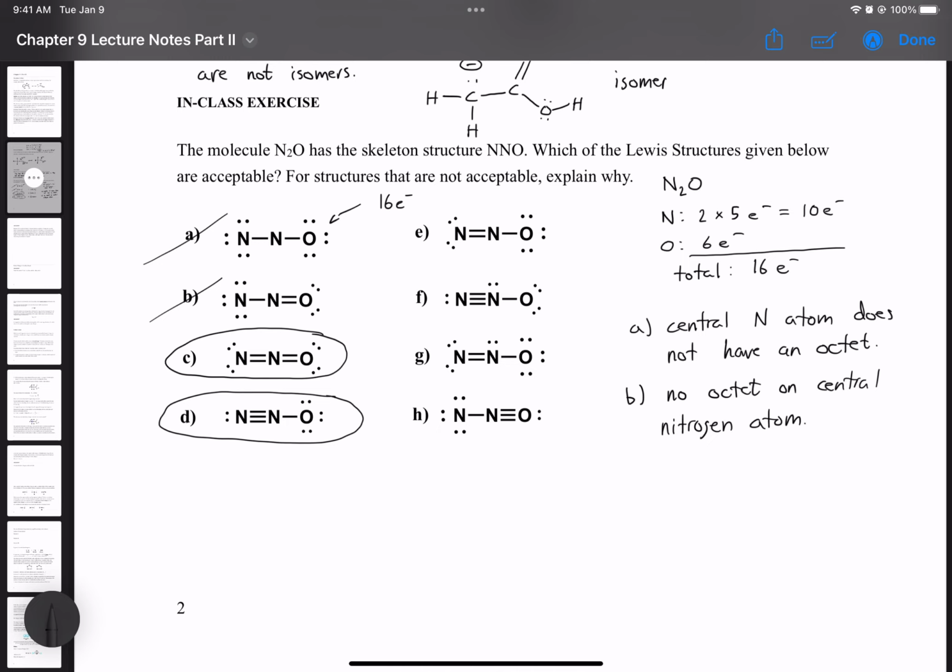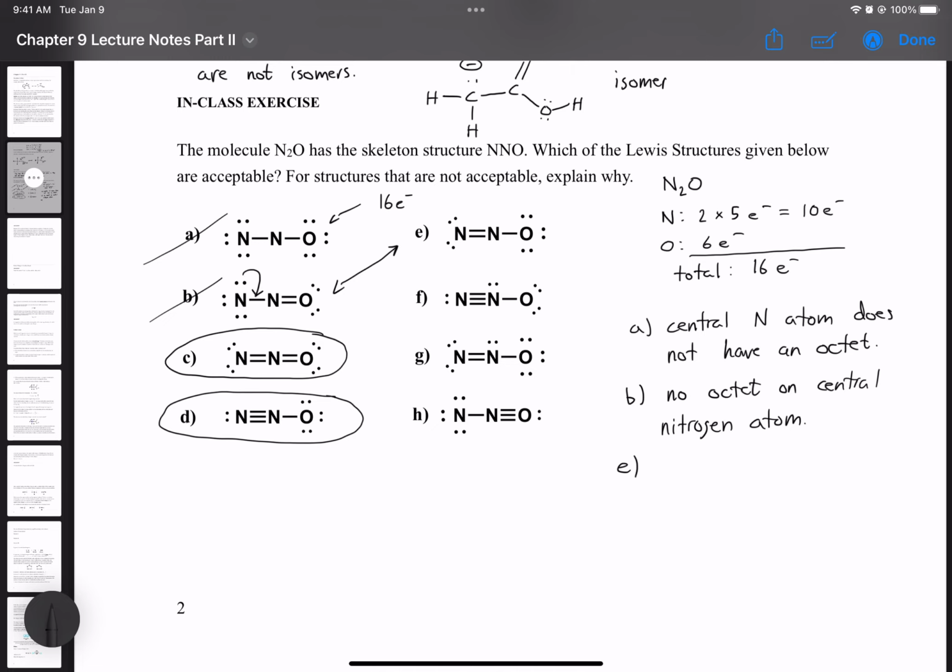So E, now let's put the double bond between the other two nitrogens. Now, when we do that, we do get 16 electrons for the molecule. However, there's still no octet on the nitrogen atoms. So, again, just by switching the bonds from oxygen, if we look at B, right? So B basically goes to E as a resonance structure if we do this.